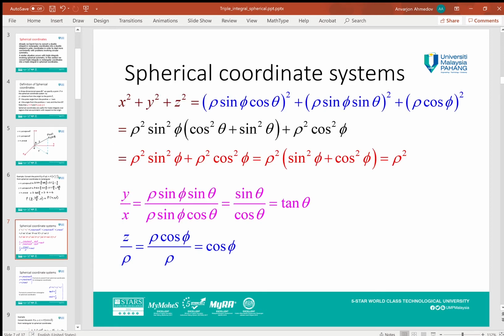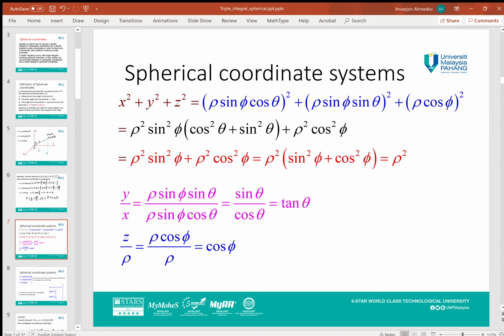If we want to convert a point from rectangular to spherical, we need to modify the formulas we just mentioned a little. For this, we replace the values of x, y, z with their expressions in spherical coordinates.